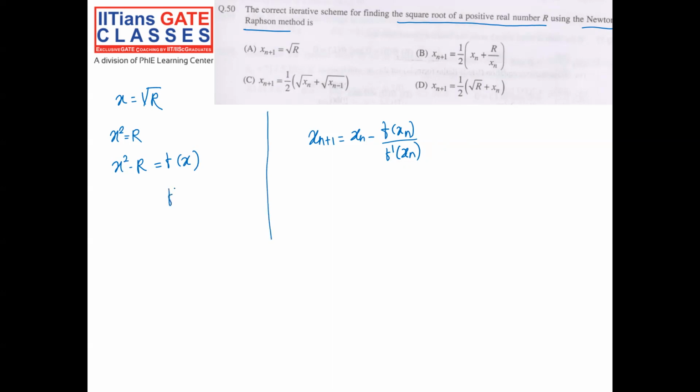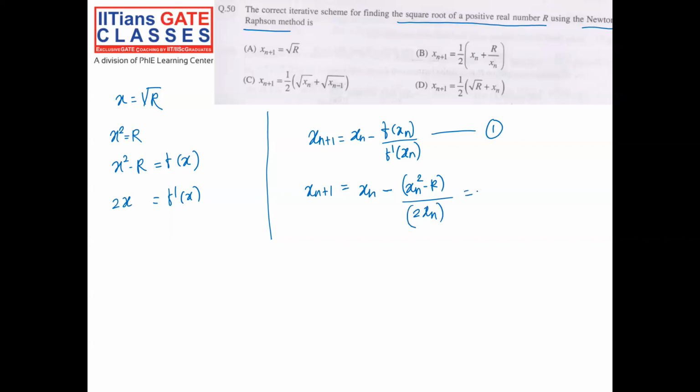And what is f dash of x? It is 2x. So now using the iteration formula, which I have given in equation 1, let's try to create it in the form of xn. So xn plus 1 would be xn minus xn square minus r, which is now f of x here, divided by f dash of x, which is 2xn.